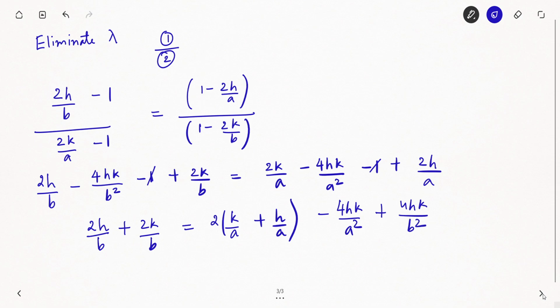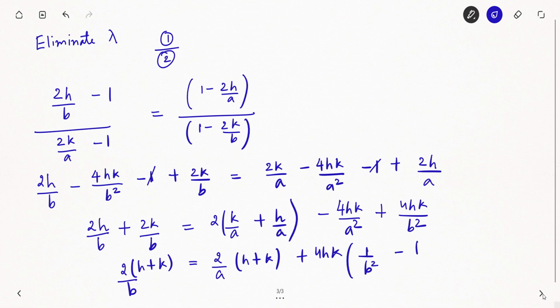So from here I can write 2 times h plus k upon b is equal to 2 upon a into h plus k, plus 4hk into 1 upon b square minus 1 upon a square.